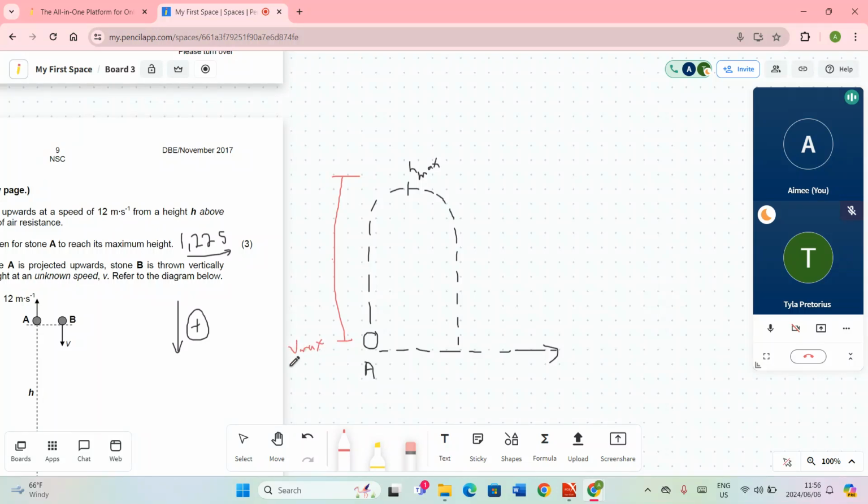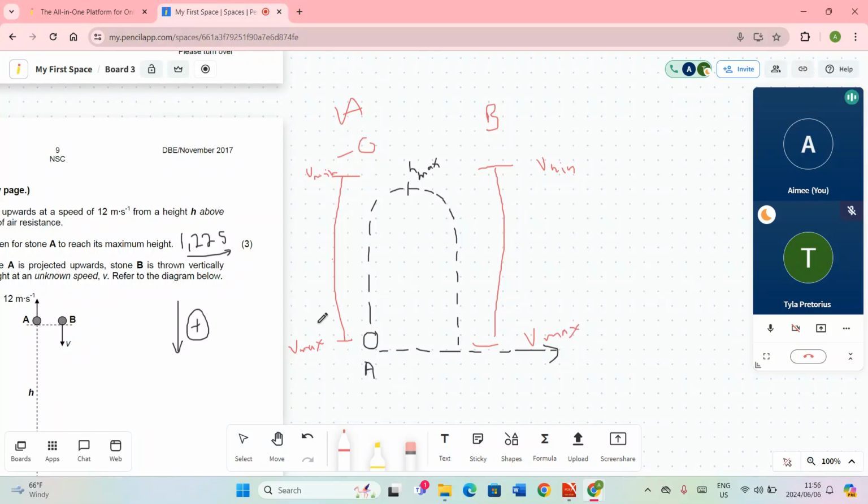Our initial velocity is a maximum value because it's projected up into the atmosphere. And our V final is the min because it gets to 0 when it reaches its maximum height. The only difference with side A versus side B is that on this side it starts with a minimum velocity and ends with a maximum.